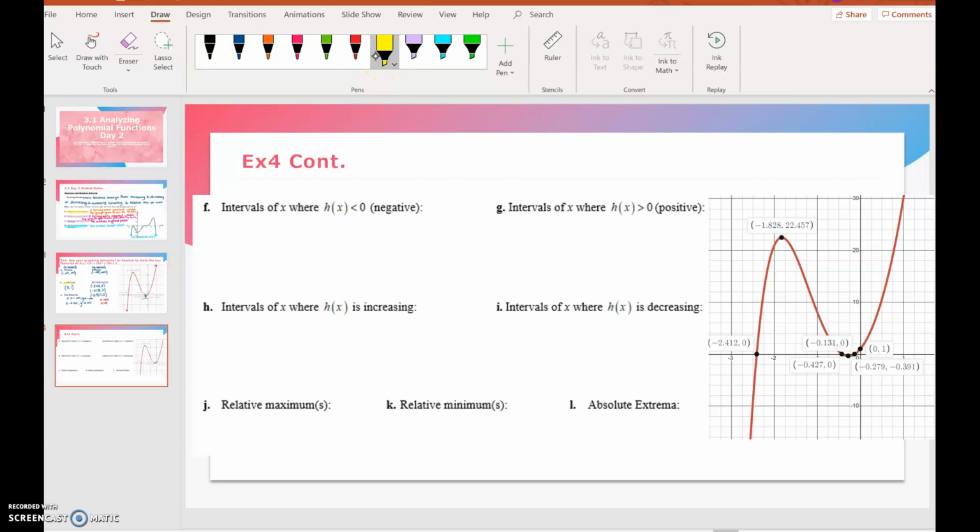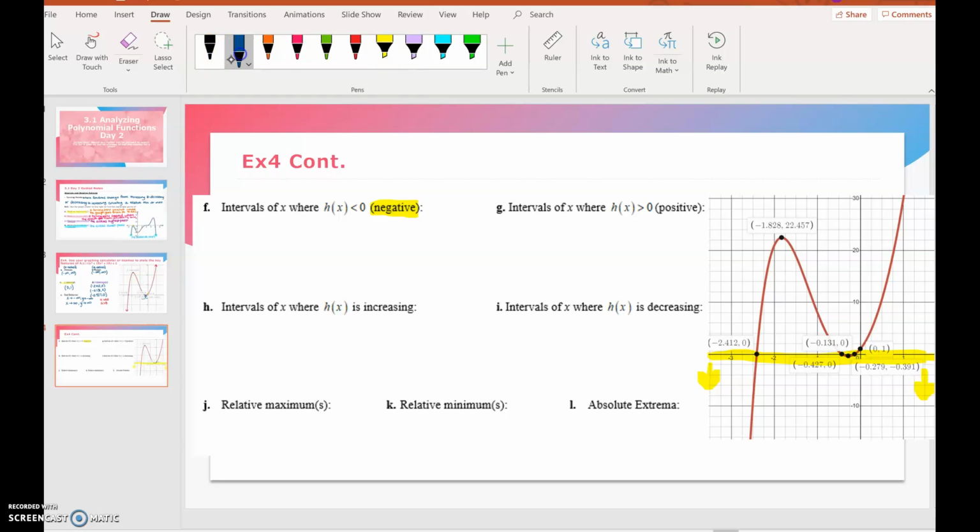So, when it's talking about negative, we are looking for when y or h of x is below this axis. So that's what we're looking for. When is it below? So when is it under? So this is the only part right here.